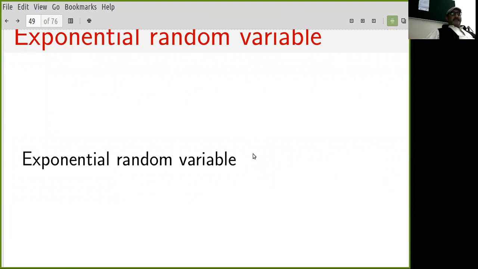Now we come to the exponential random variable. The number of events in an interval is discrete, right? A car entered the traffic circle, or didn't. 3 cars or 2 cars or 0 cars enter the traffic circle in a given period of time. Those are discrete.